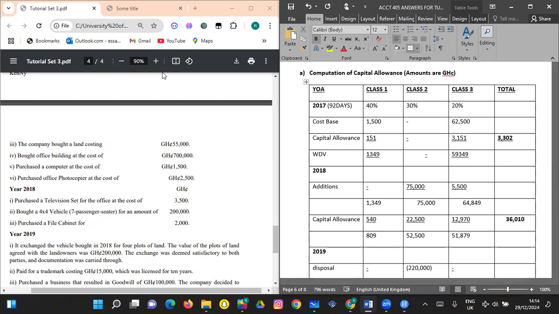So for here, 40% times 1,349, and not times any days or whatsoever again. You do the same thing for this one: 40% on this, 30% on this, then 20% on this.